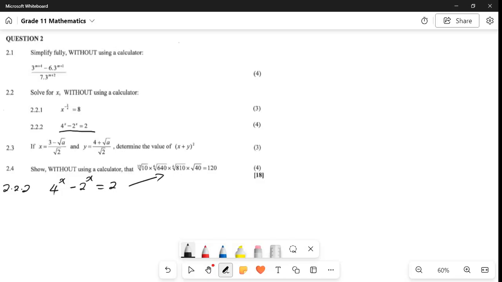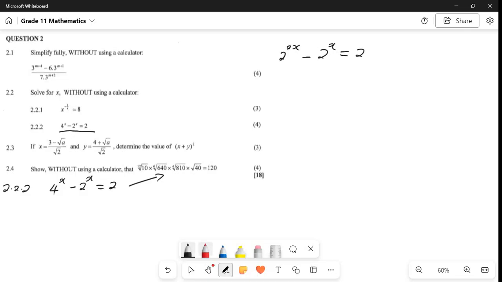Let's go to the other side and work. 4 can be rewritten as 2 squared, and the exponent 2 is going to get the x there. They are going to multiply each other. Then we have 2 to the power 2x. Everything else can be rewritten as it is.